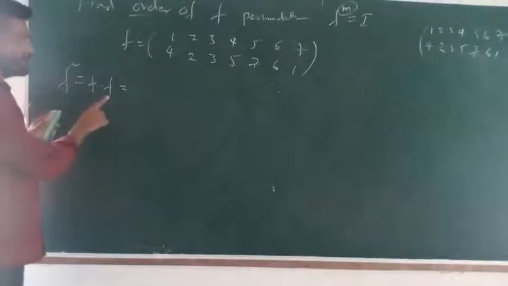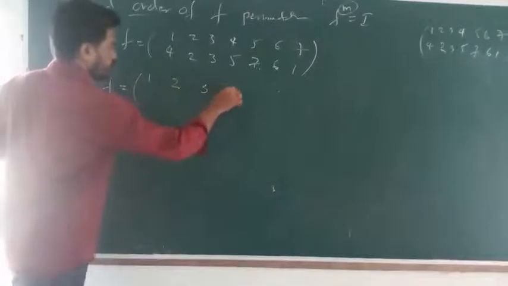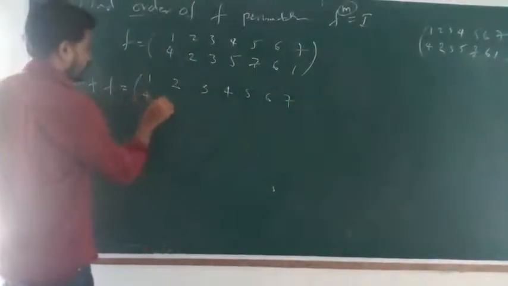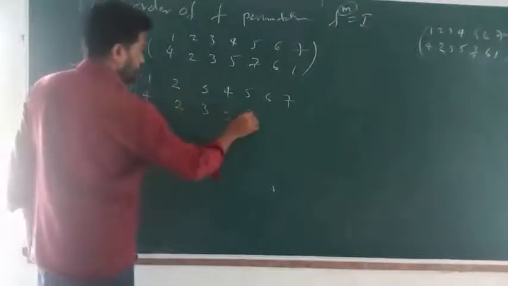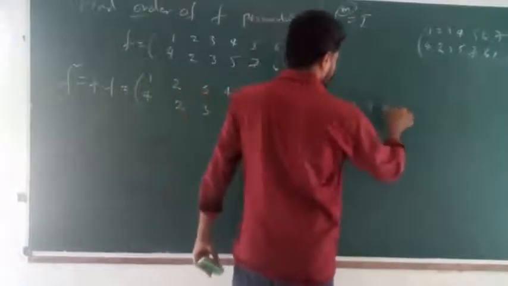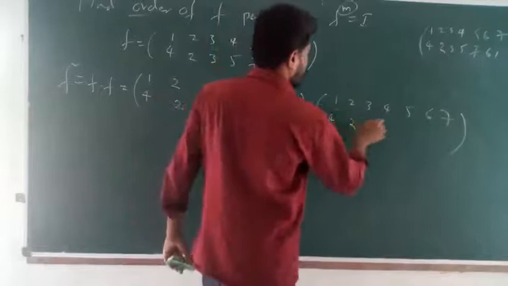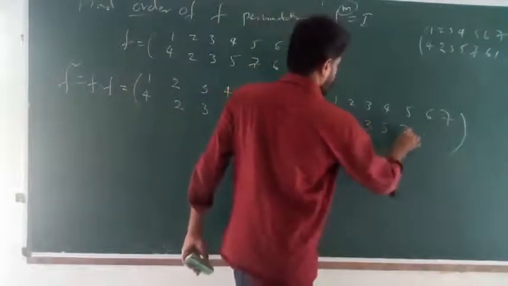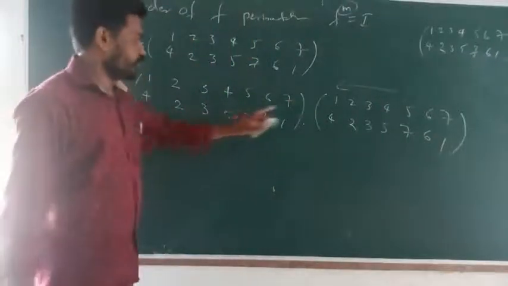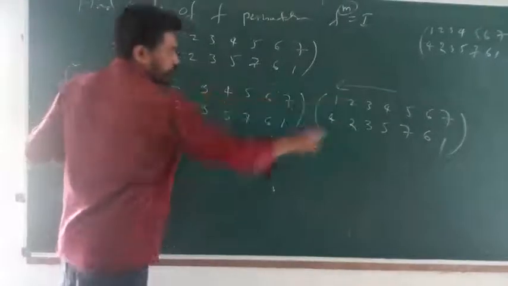So F into F, F square, is nothing but 1, 2, 3, 4, 5, 6, 7 with 4, 2, 3, 5, 7, 6, 1, multiplied by 1, 2, 3, 4, 5, 6, 7 with 4, 2, 3, 5, 7, 6, 1. So this is F into F, the product of two permutations. What are the elements? 1 to 7.